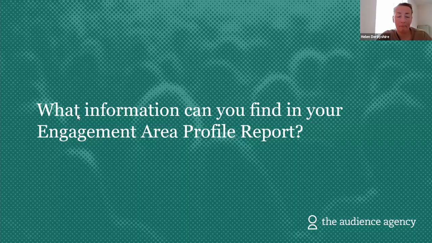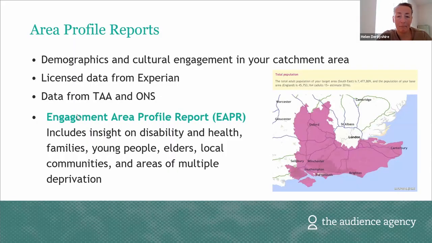Here we go. So within the profile report, essentially it looks at the population within the catchment area that the report covers. And it looks at that population through a number of different lenses, including demographics, which are drawn from census data, the audience spectrum profiling, which we'll look at in a bit more detail in a moment, and people's recent cultural activity from the target group index data that it brings in.